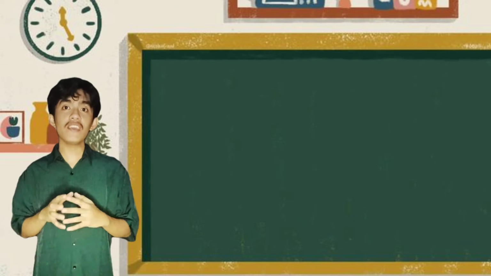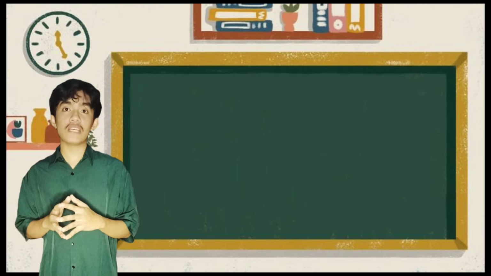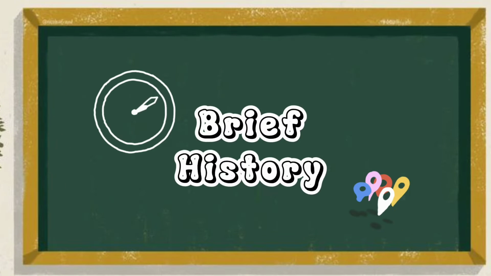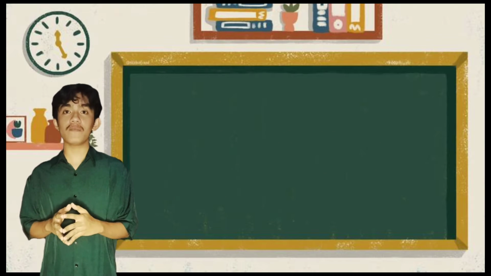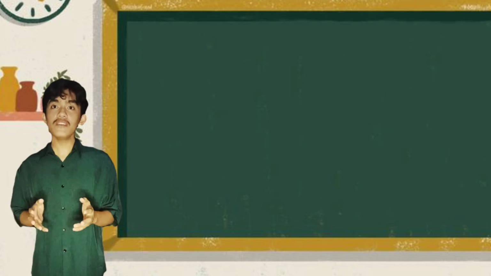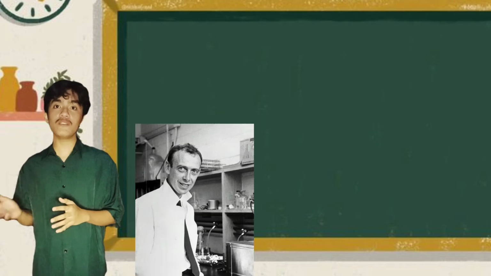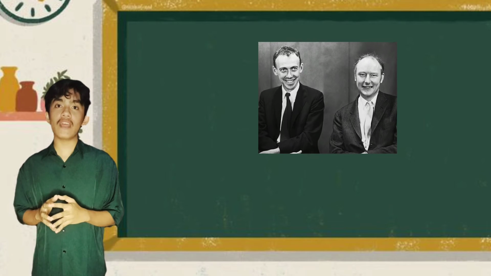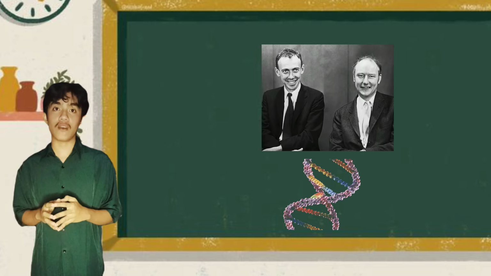But before taking on the exact topic, let us first have a quick review about the lesson on DNA replication. The brief history of DNA replication. DNA replication was first found when two scientists named James Watson and Francis Crick realized that complementary base pairing provided a way for DNA to copy itself.